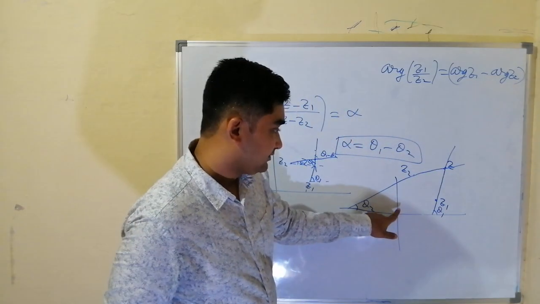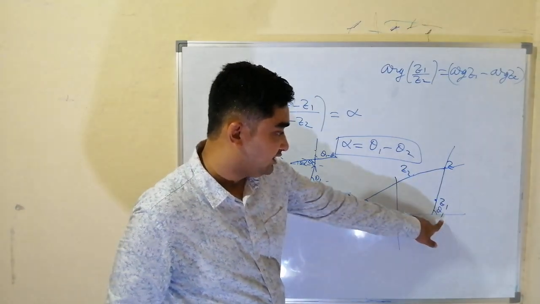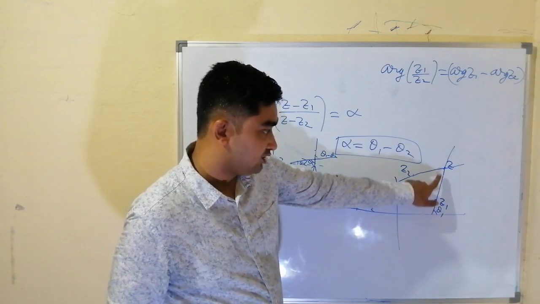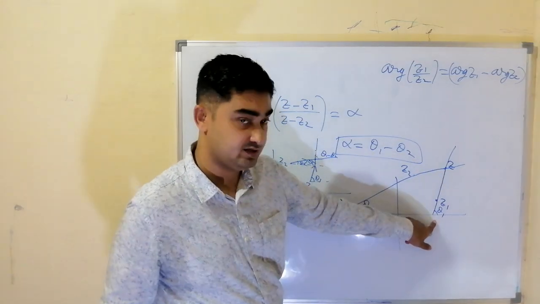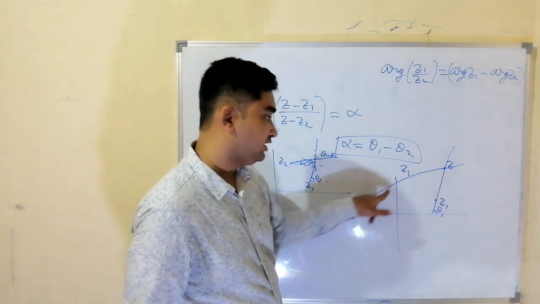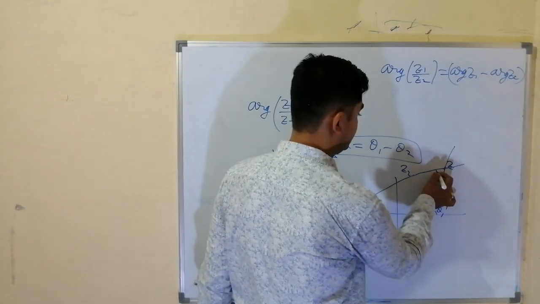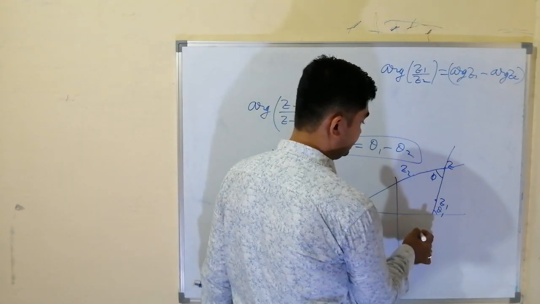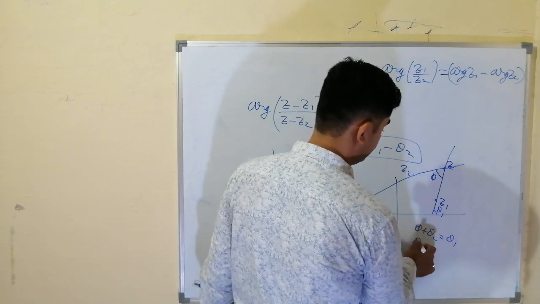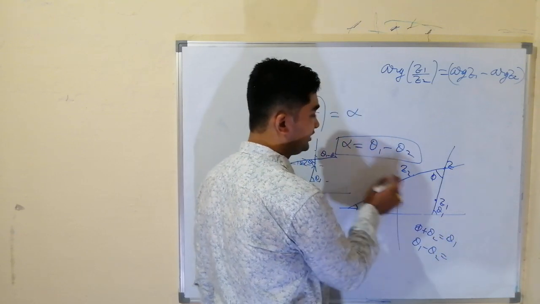In other ways we can say theta 1 is the exterior angle for this triangle, and we know the exterior angle is equal to the sum of the interior opposite angles. That means if this is some phi, then phi plus theta 2 is theta 1, so theta 1 minus theta 2 is phi. But theta 1 minus theta 2 is alpha.